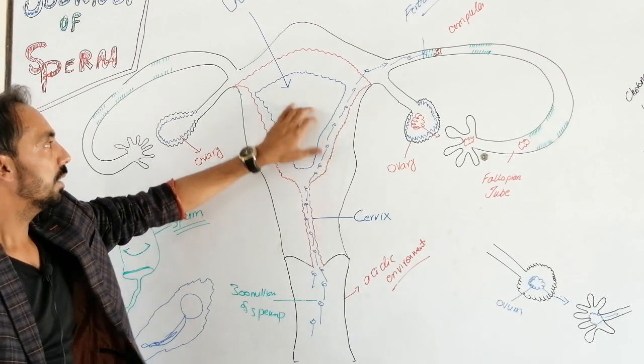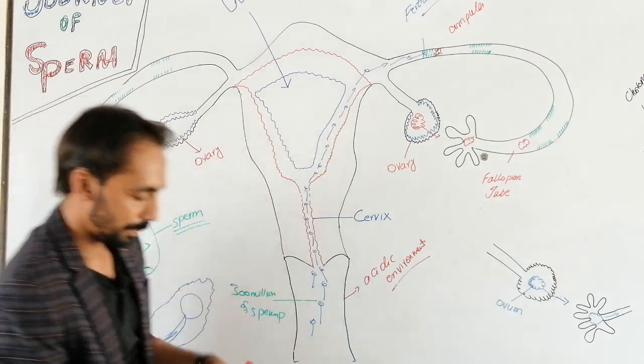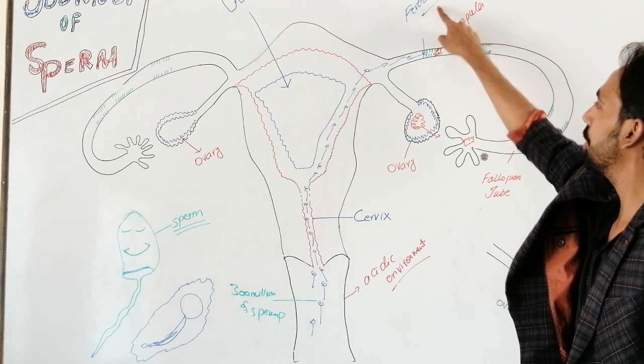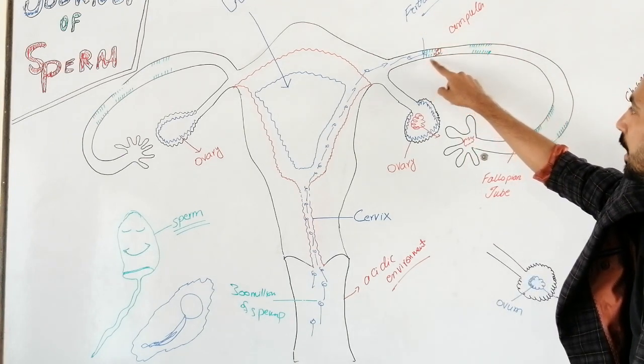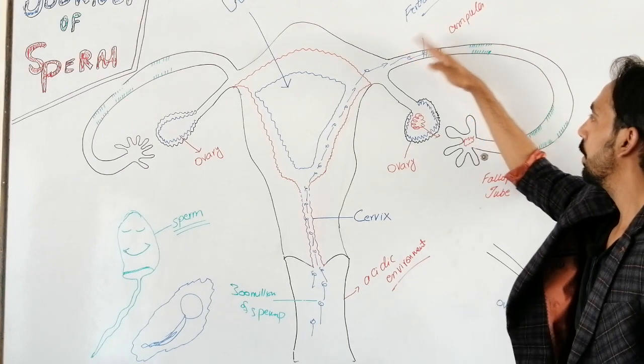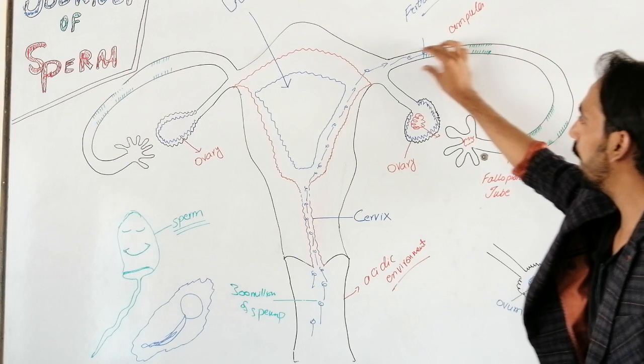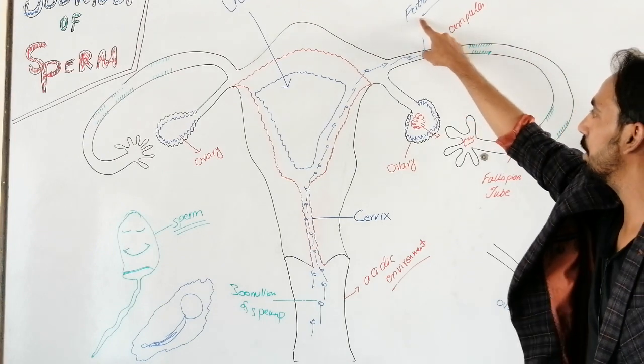Right? Again, the fertilization has occurred over here, and then these cilia, which move in a to-and-fro motion, will propel this fertilized egg.